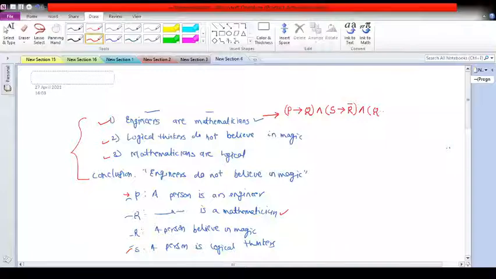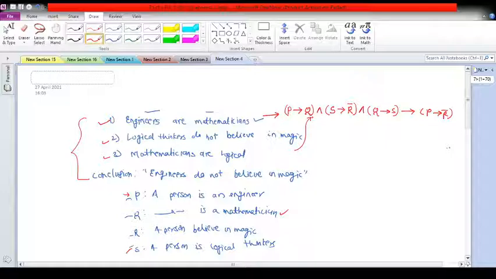So Q implies S. Okay. And from this, what is the resultant? The conclusion is that engineers do not believe in magic. So engineers is represented by symbol P and do not believe in magic, so P implies R bar. This is the way you can write it.